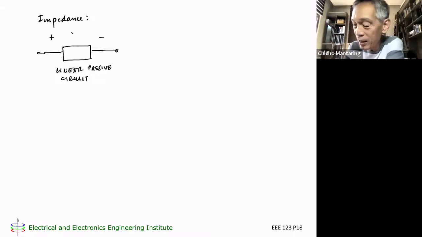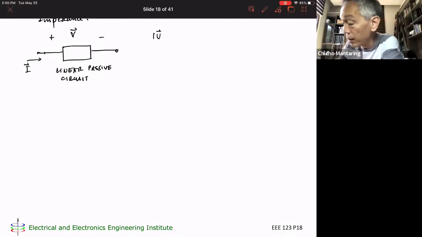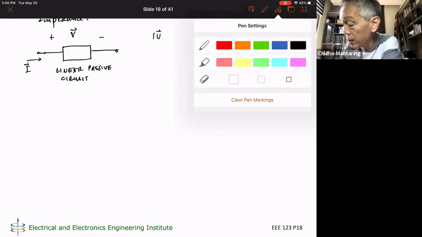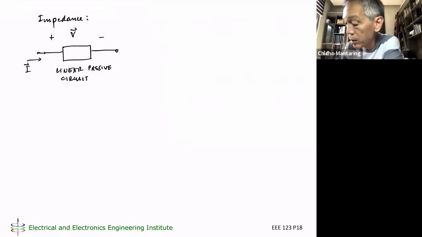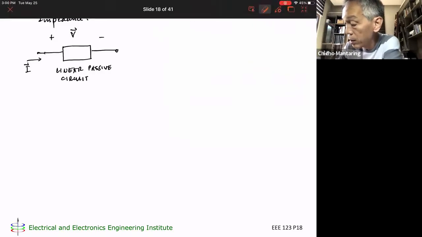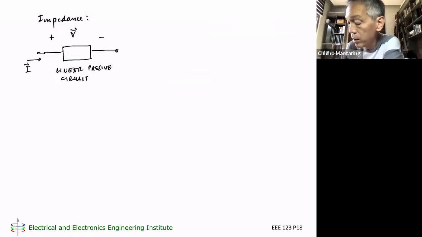If this is my phasor voltage and this is my phasor current, the ratio of V over I is Z, and that is called my impedance.